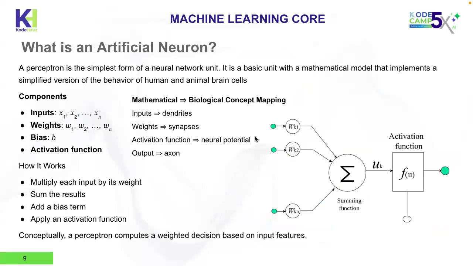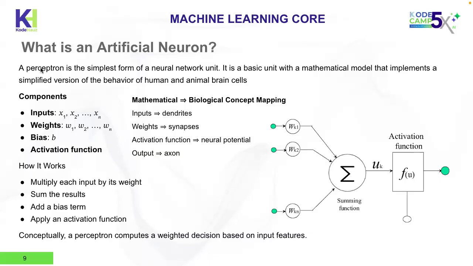So, what is an artificial neuron? An artificial neuron is basically a mathematical model that simulates the neuron in the human brain and nervous system. These days, we don't bother to call it an artificial neuron anymore. We just call it a neuron.